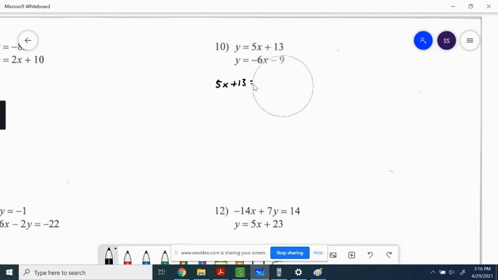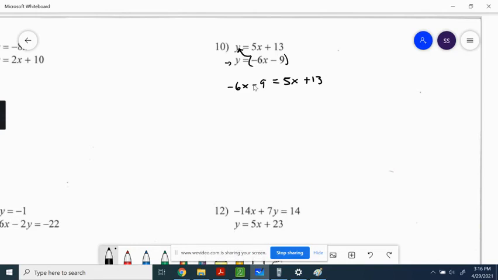Or you can do it the opposite way. The second equation says y is equal to -6x minus 9, so we could take this and plug it in for this y. It doesn't matter, it will give you the same answer.